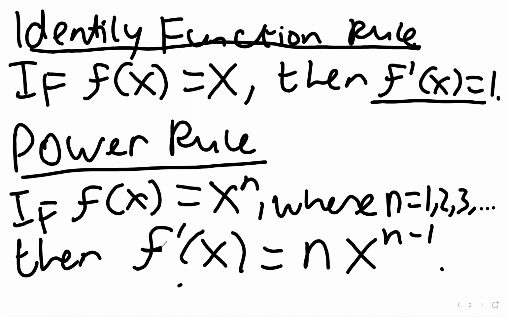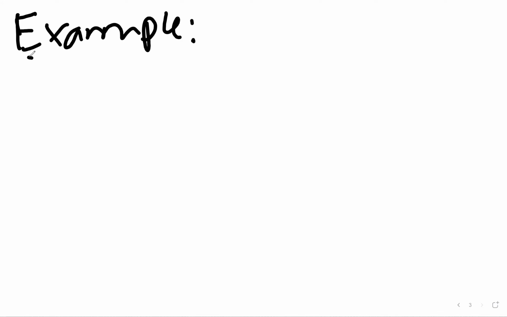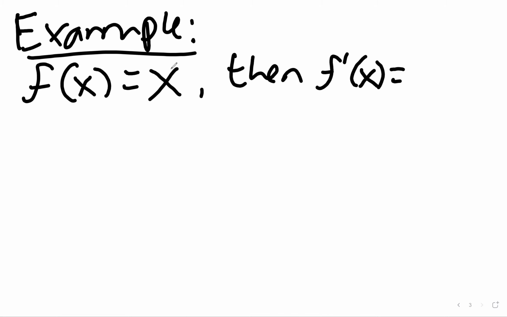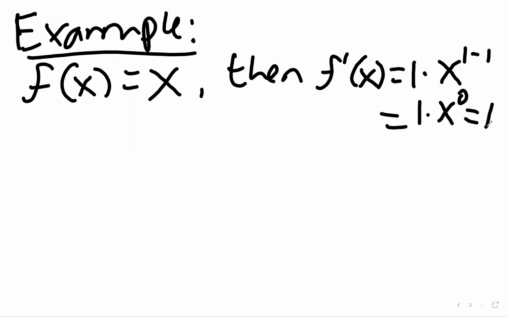For example, let's say f of x equals x. The previous rule follows from this. Then f prime of x: you see that the power is 1, so 1 times x to the power 1 minus 1, so 1 times x to the power 0. x to the power 0 is always 1, so that will be 1.